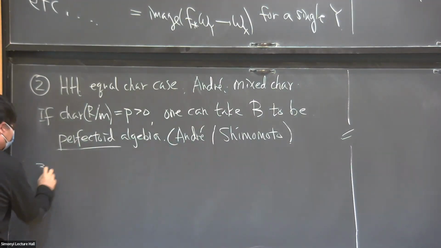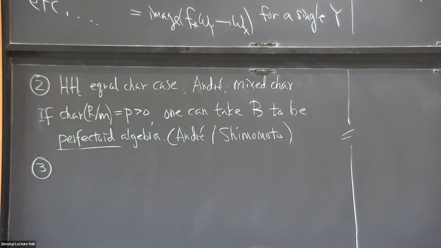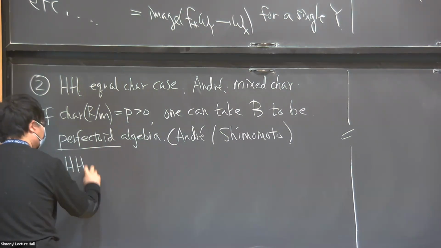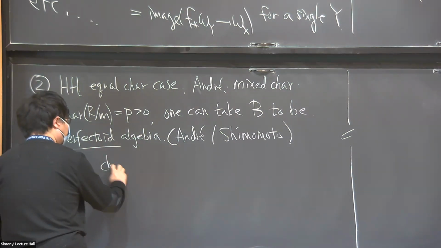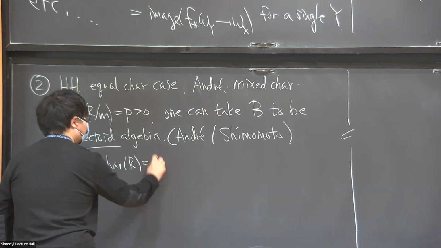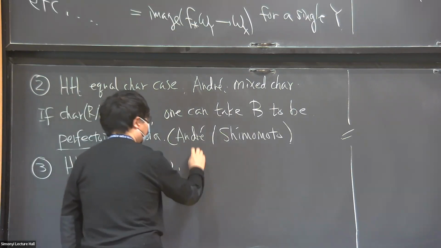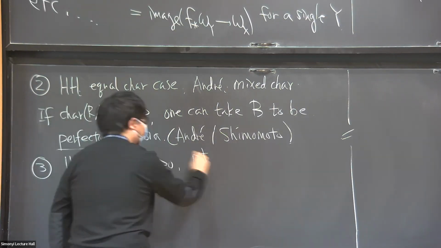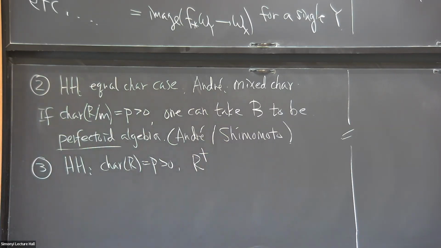And so finally, let me point out that there is actually one explicit construction of the big Cohen-Macaulay algebra. So Hochster-Huneke showed that in terms of p. Oops, sorry, I need some assumptions here.